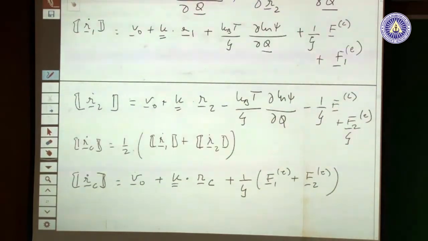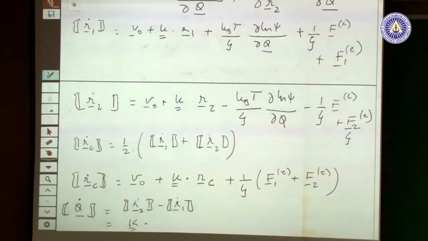Okay. And what about Q dot, which you know is R2 dot minus R1 dot. If I take the difference between the two, what will I get? The V naughts will cancel, kappa dot. So, I am taking the second equation minus the first, R2 minus R1, and so that is nothing but Q. Okay.